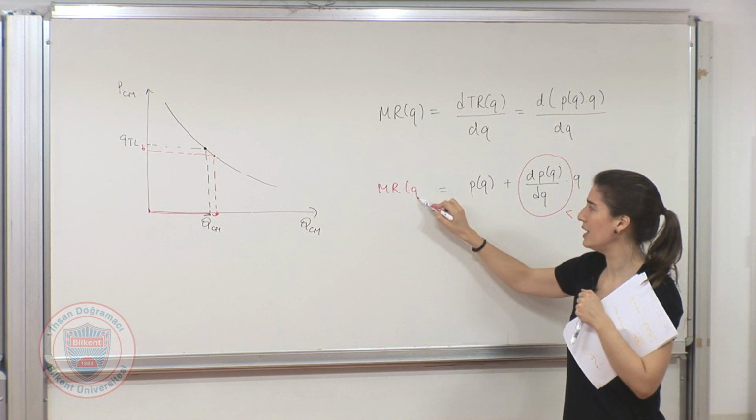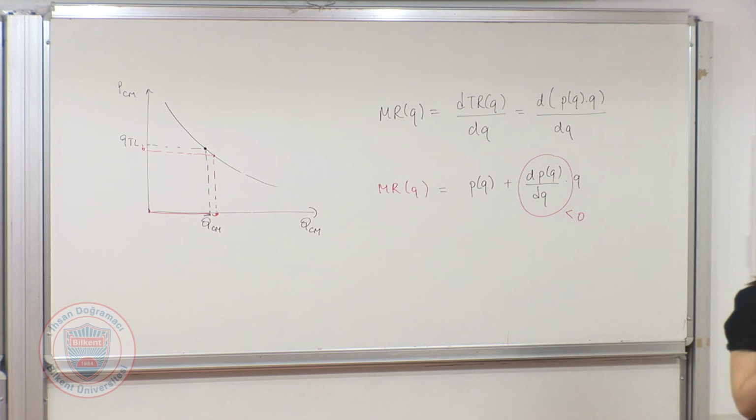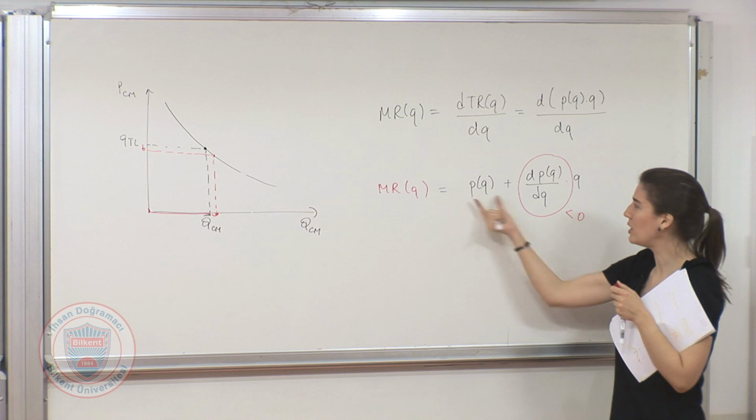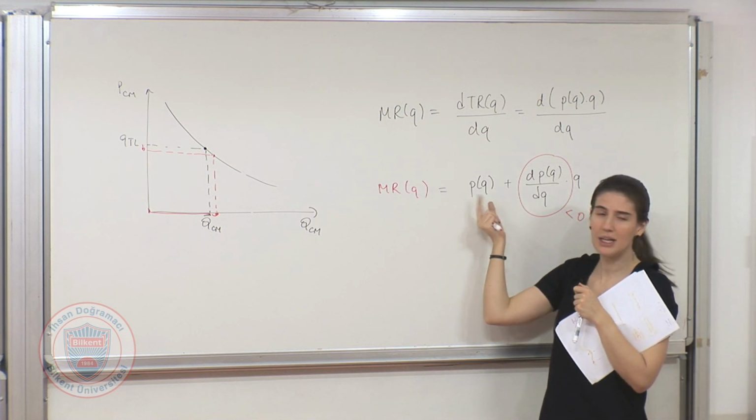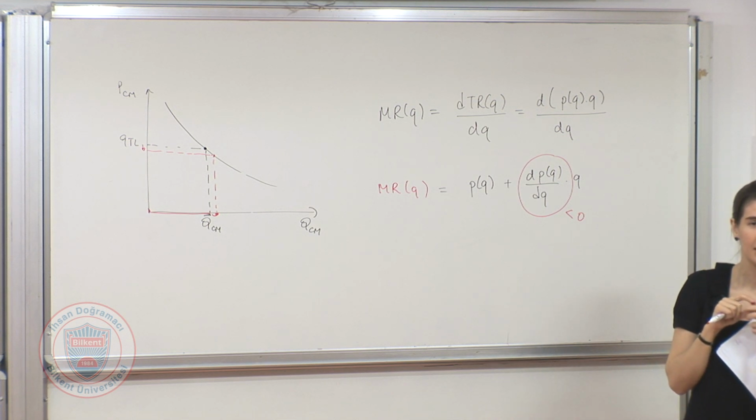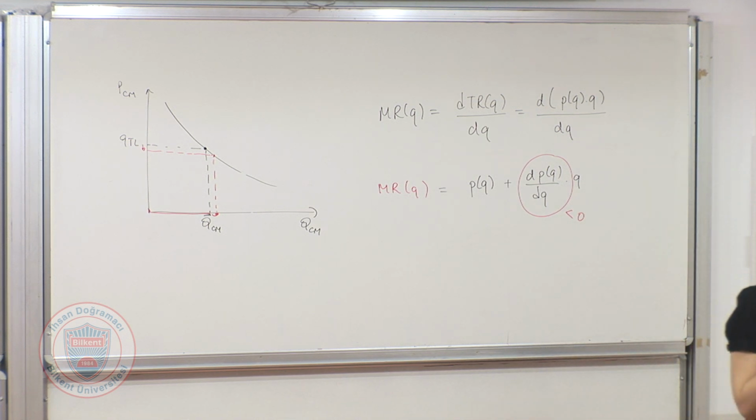So what does this tell me? Marginal revenue is P(Q) minus something. Is marginal revenue less than or more than price? Less than, right?